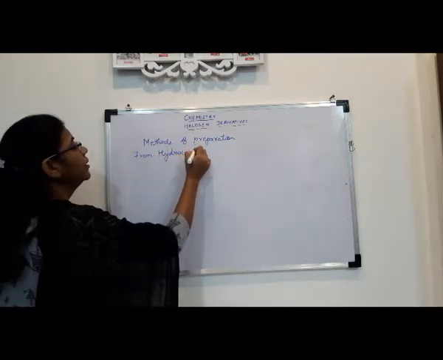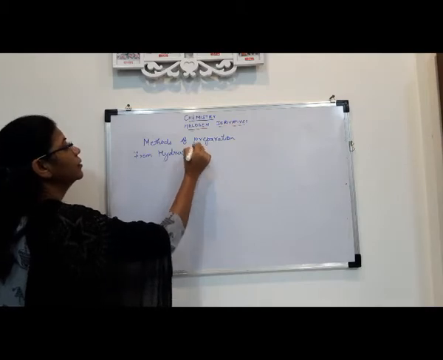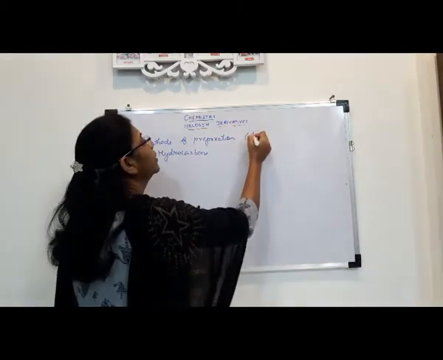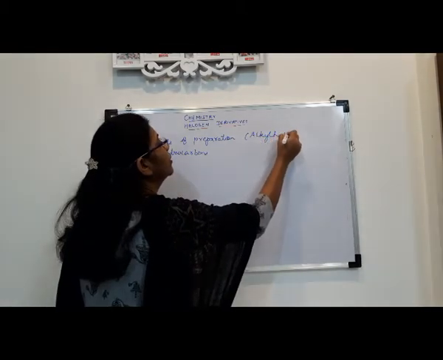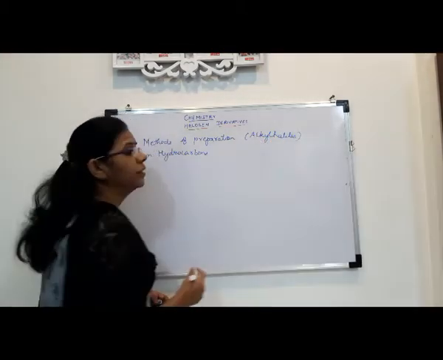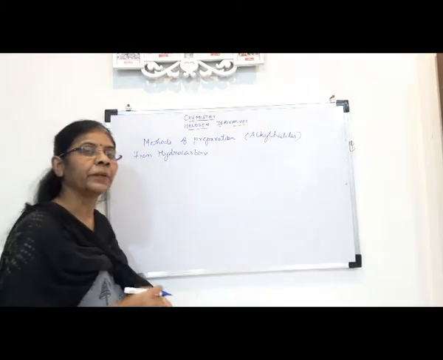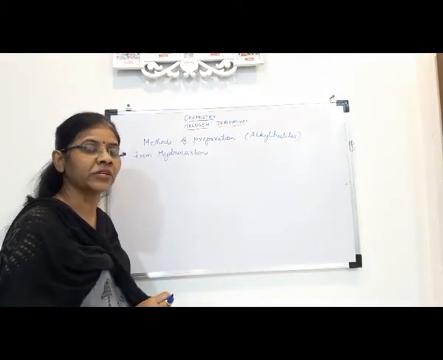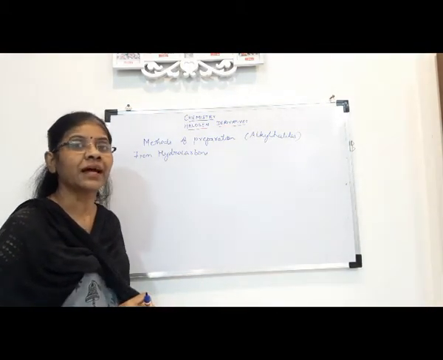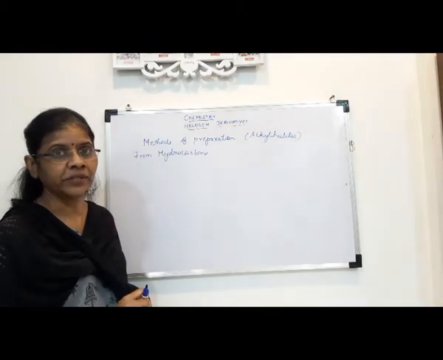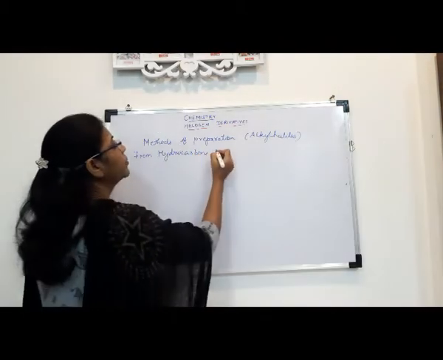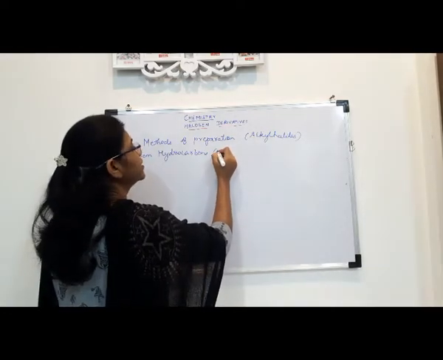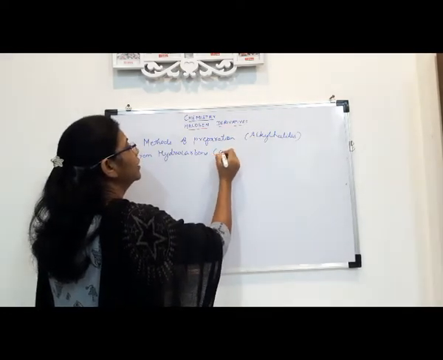Now, we are talking about alkyl halides. Alkyl halides are prepared from saturated as well as unsaturated hydrocarbons. So if you take saturated hydrocarbons, that is alkanes, right?